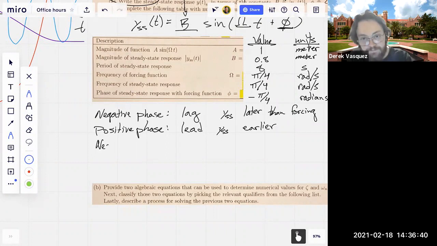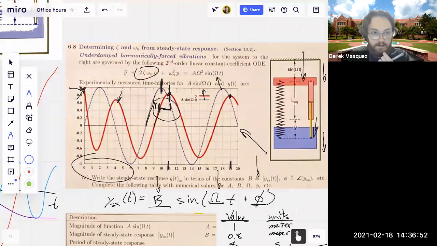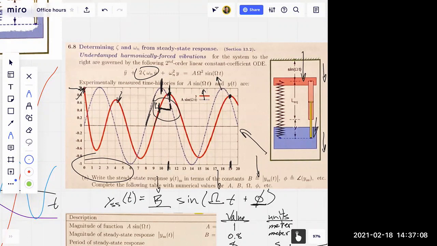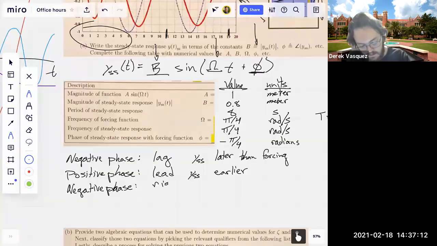So then a negative phase, if we're looking at the plot, which way is the response shifted relative to the input? To the right? That's correct. It is shifted to the right.